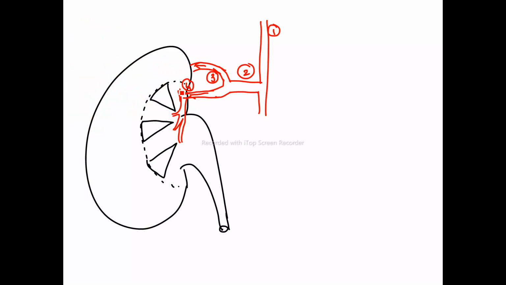Next, this segmental artery will be moving all the way throughout the renal columns. Okay, renal columns means the space in between the renal pyramids. Throughout the renal column this segmental artery will be moving, and the name given is interlobar artery. Okay, this is blood vessel number 5.